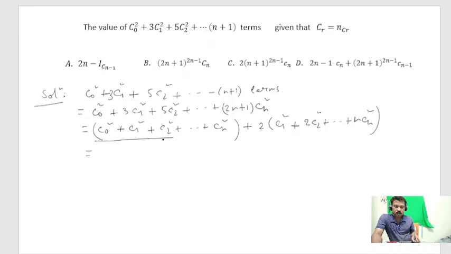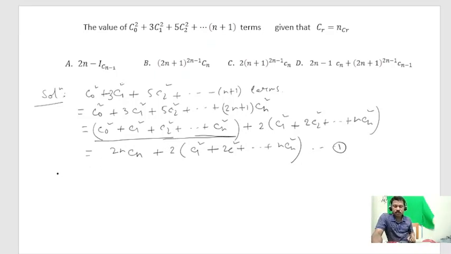You all know the first sum is 2n Cn, and we write the rest as 2C2 square and so on to n Cn square. We put here number 1.